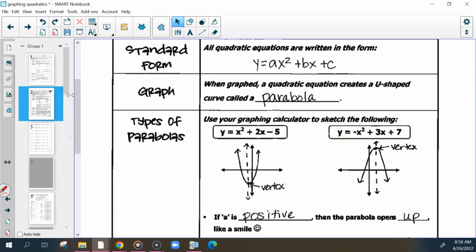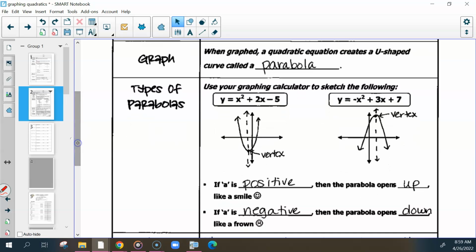When we graph quadratics, they are U-shaped, and we usually call that U-shape a parabola. And there are two different directions a parabola may go, up or down.